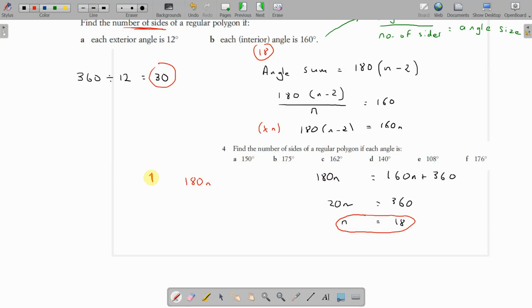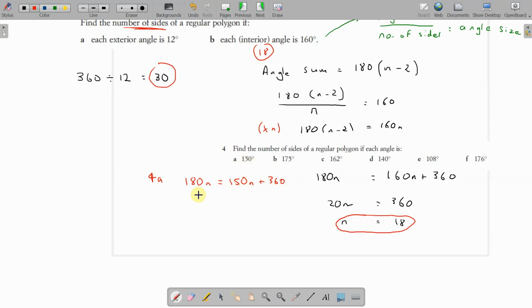So I'm doing 4a. 180n equals, now instead of 160n, it's 150n plus 360. First line of working, put the angle size there.